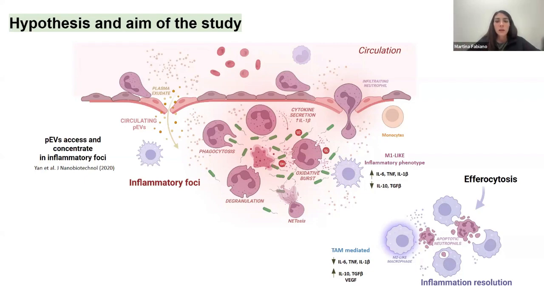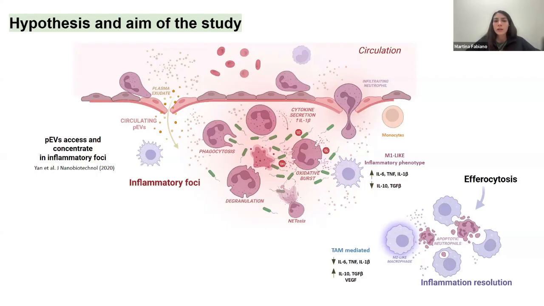However, we started thinking about plasma extracellular vesicles being able to infiltrate the tissue because of the changes in the vasculature and achieving higher concentrations in the tissue.